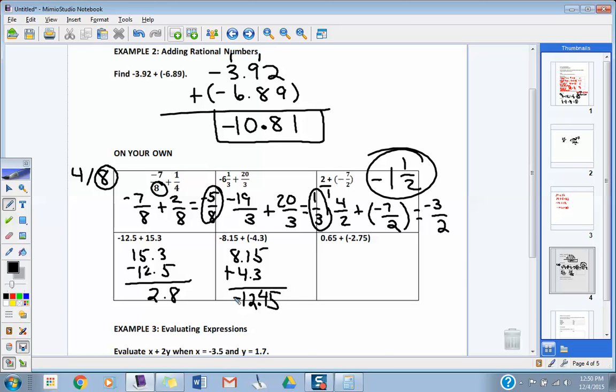Okay. I'm not going to go into this last one too much, but which number is the bigger number in the last two? 2.75, and I'm going to subtract 0.65 because my signs are different. And then which sign's going to prevail in the end? You have 2.10, which I could just call negative 2.1.